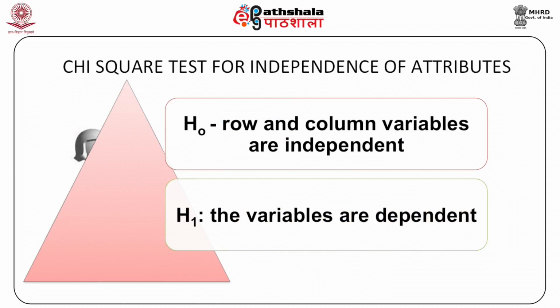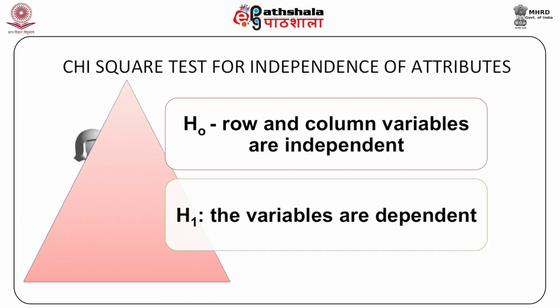Let us now look at the steps. First step, here the null hypothesis is the row and column variables are independent. H1, the variables are dependent.